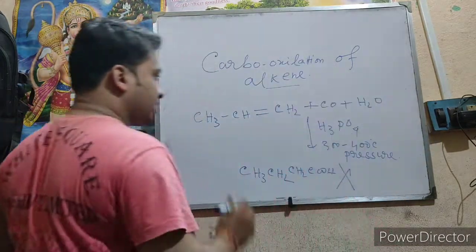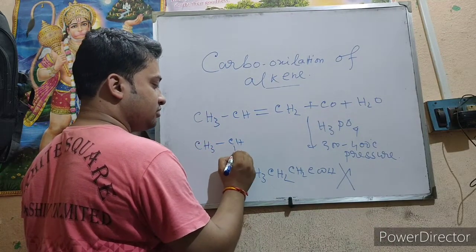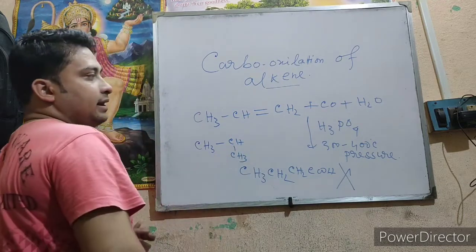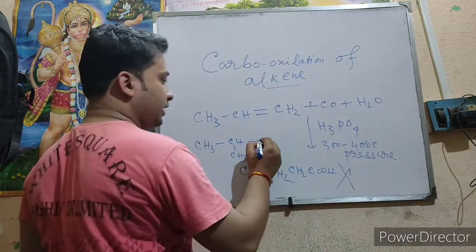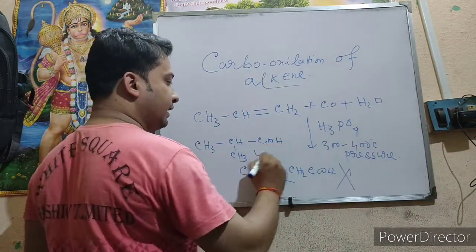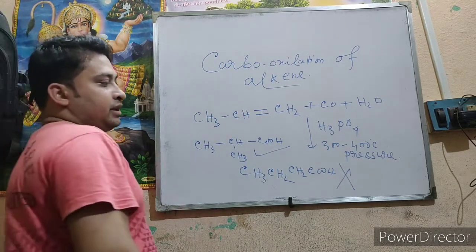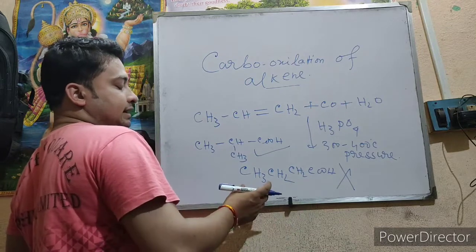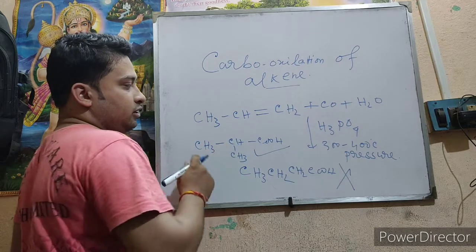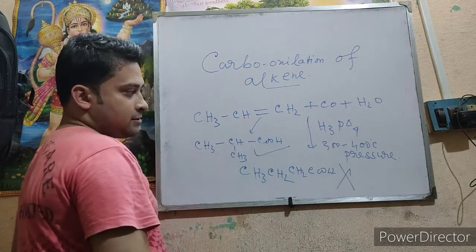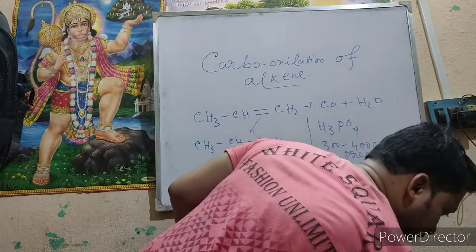The product is (CH3)2CHCOOH. You might think it matches the previous way, but it does not. You get this product from here. So this is the carboxylation of alkene.